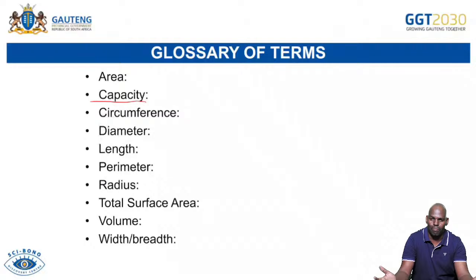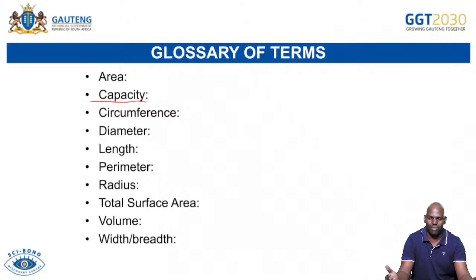And then, of course, we've got the perimeter. Perimeter and circumference are almost the same, but in the case of a circle, we don't say perimeter. We say circumference. They have almost the same definition, but in terms of a circle, it is proper to use the word circumference instead of perimeter.